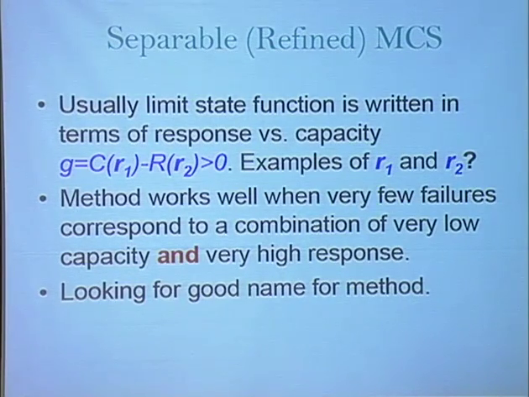If that's the case, could anybody tell me what could be maybe the R1 and R2, that is, what random variables will affect the capacity and what random variables will affect the response? That is, what random variables will affect the failure stress, and what random variables will affect the actual stress?